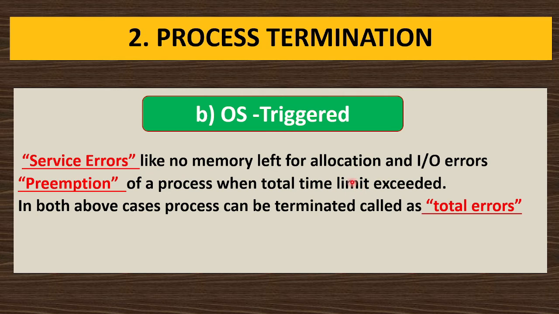You cannot preempt from one process to another process's execution, so the OS will try to terminate the process. And if there is no memory left for allocation or there are IO errors, then a service error will be given by the operating system, and it will try to terminate the process. So in both of the above cases, the process will be terminated by your operating system.